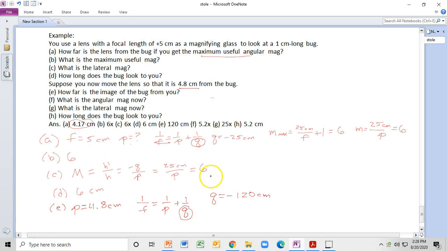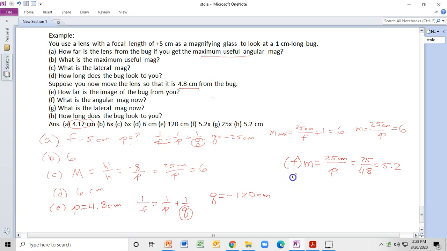Interesting. F, what is the angular magnification now? So let's come over here and do F. Well, I can always use 25 centimeters over P. That's the safe equation to always use. I know P is 4.8, so 25 over 4.8, units cancel, I'm going to get positive 5.2.